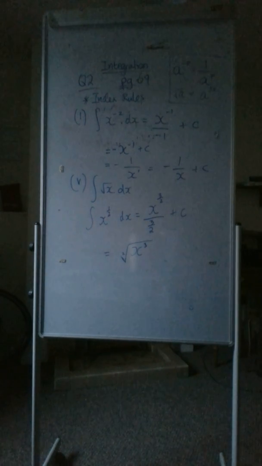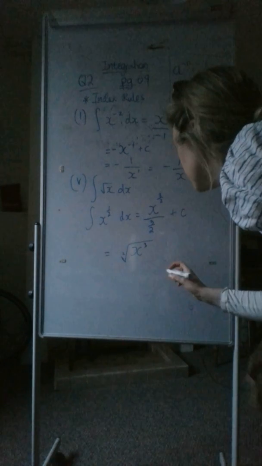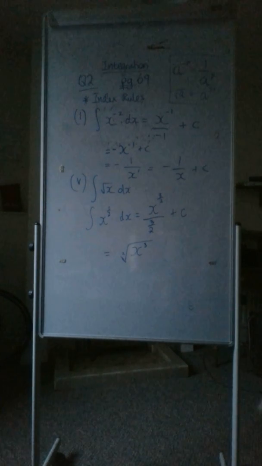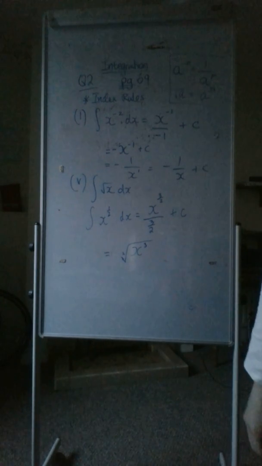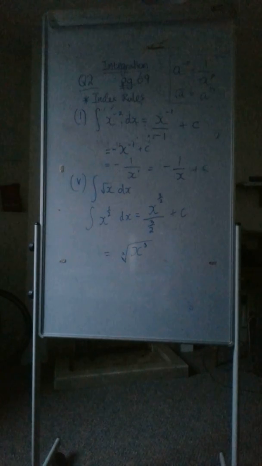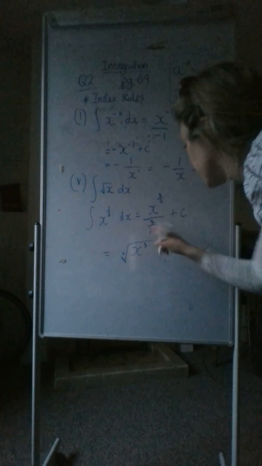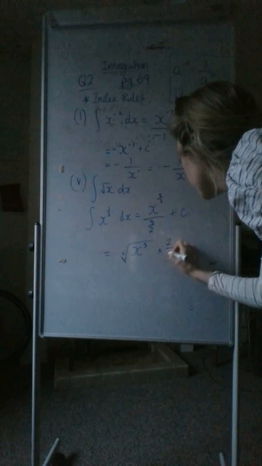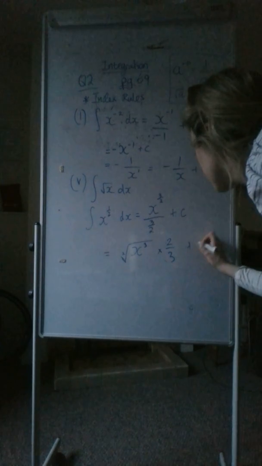That's over 3 over 2. If you're dividing by a fraction, it's the same as multiplying by the reciprocal of it, like KFC. So that's the same as timesing it by 2 over 3, plus c.